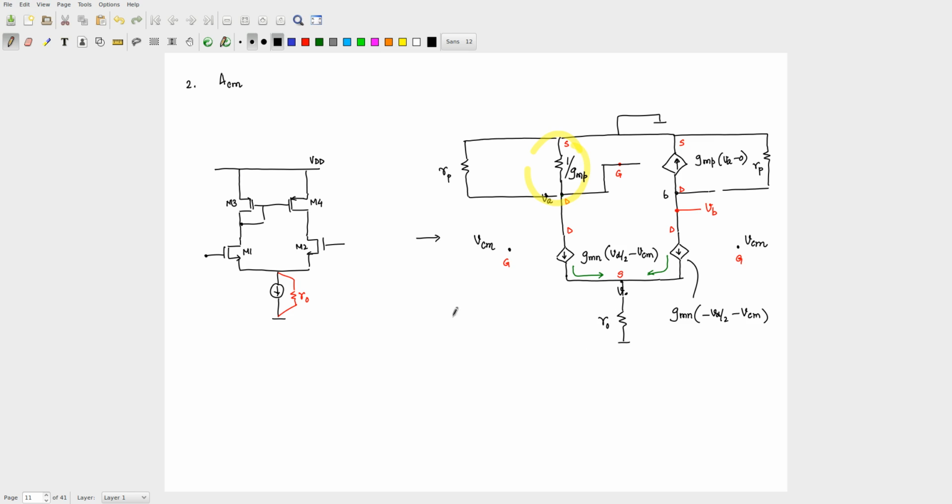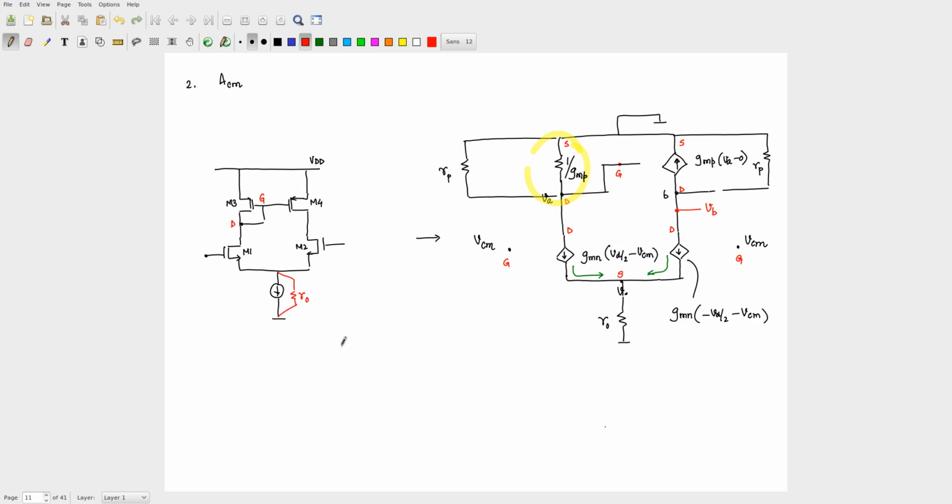And this upper transistor M3 can be replaced by 1 by GMP because it's effectively a diode connected MOSFET. That is, for this particular transistor, its drain is connected to its gate. Now this is the common mode incremental circuit, and I want to find out what VB is.